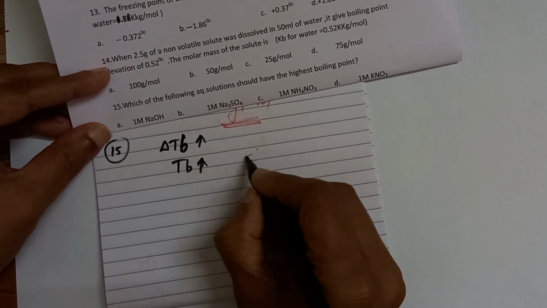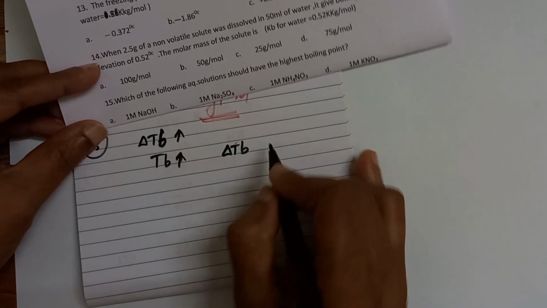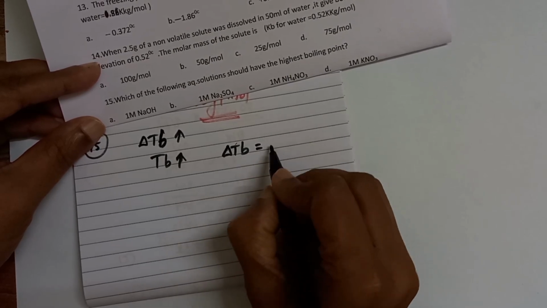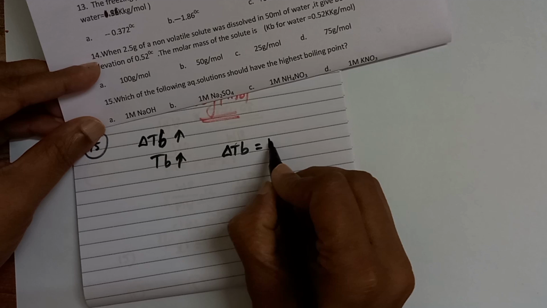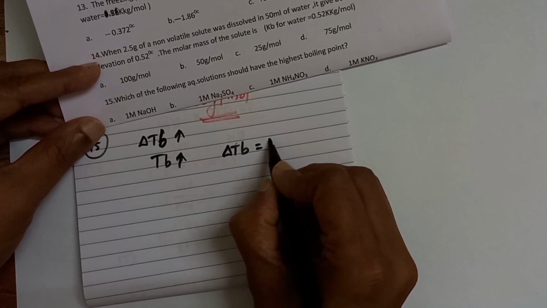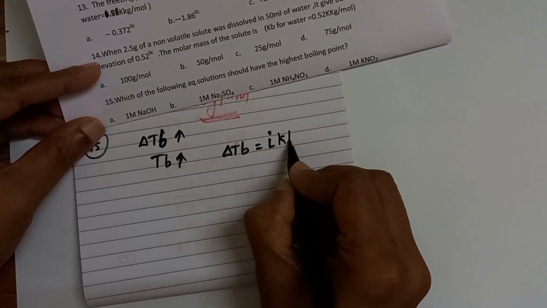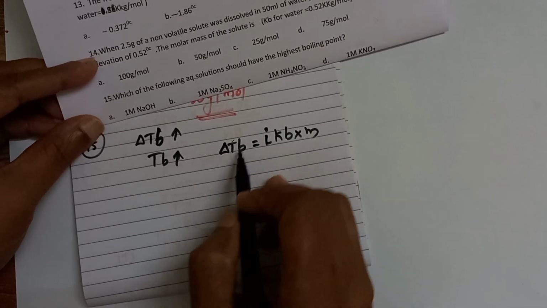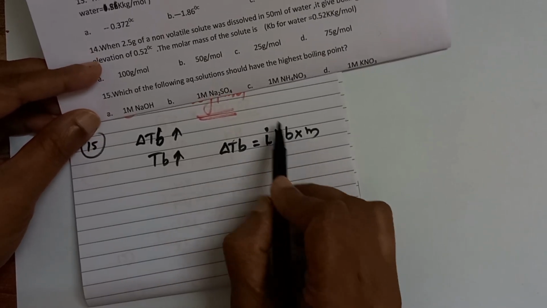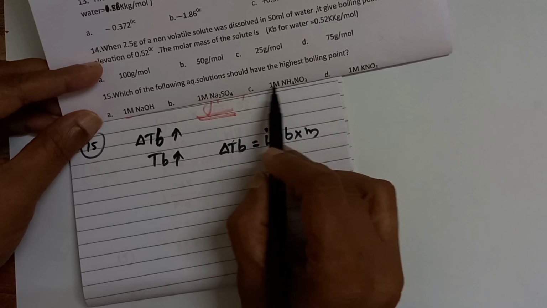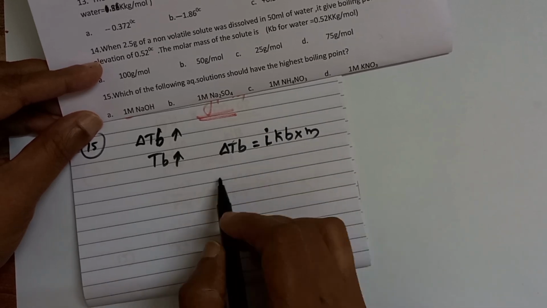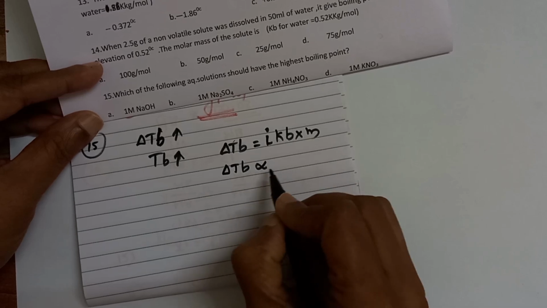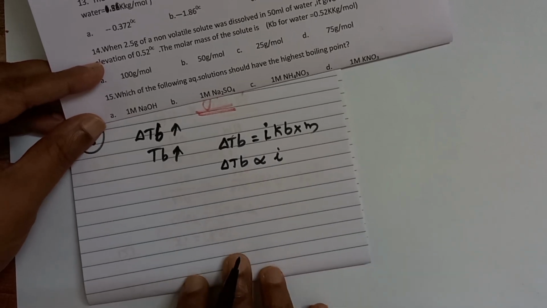That is, if the elevation in boiling point is higher, the boiling point of the solution is also higher. So delta TB is equal to i into Kb into m. If the solutions have the same concentration, delta TB is directly proportional to the i factor.